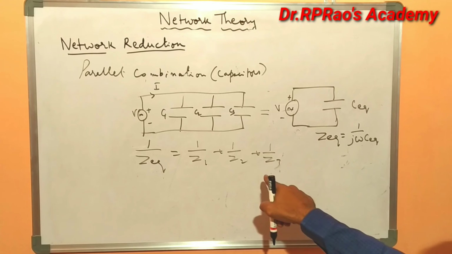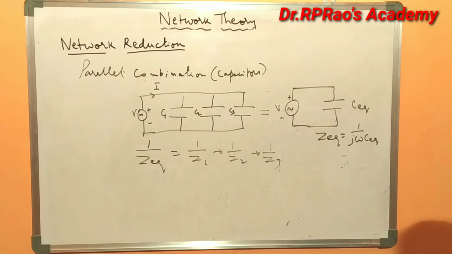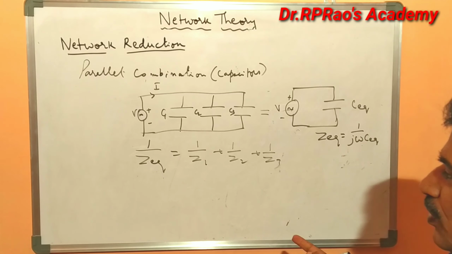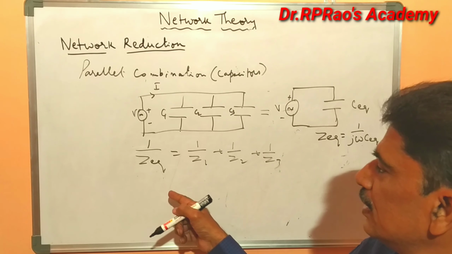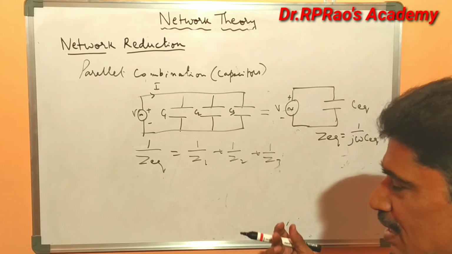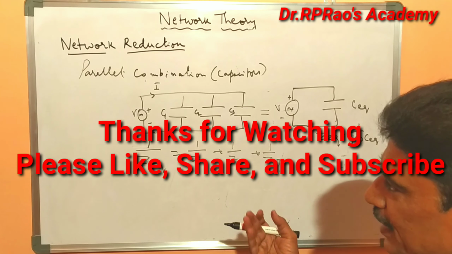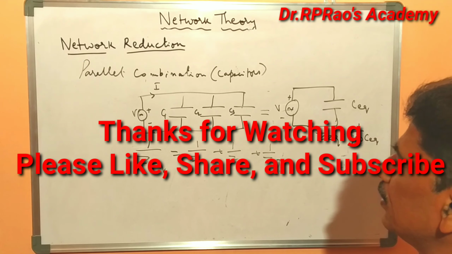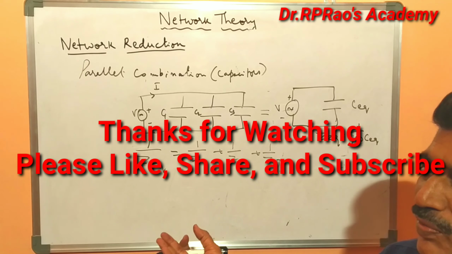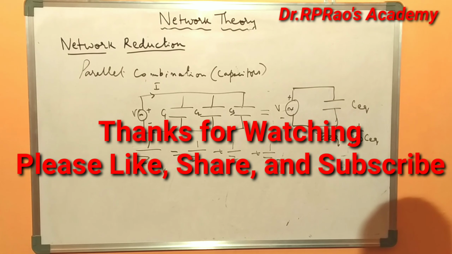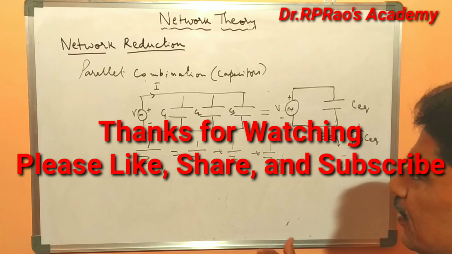So, the same formula is used. For resistances, we have derived a formula for parallel combination, that is 1 by R equivalent is equal to 1 by R1 plus 1 by R2 plus 1 by R3. We can use the same formula here. In place of R, I have used Z. Why? Because R is nothing but resistance and Z is nothing but impedance. The meaning is same. Impedance means hindrance to the flow of current.